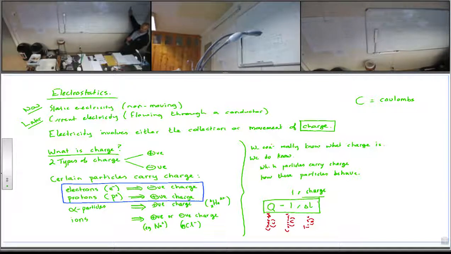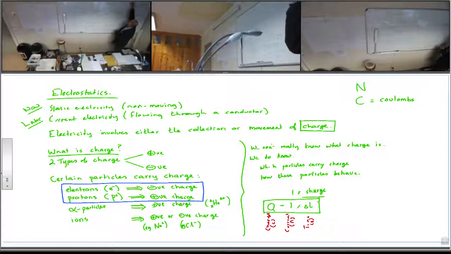Lowercase c. Where does the word coulombs come from? It's the surname of the person who discovered all of this, Charles de Coulomb. He spelt his surname with a capital C, but when we use it as the unit and you write it out, you spell it with a lowercase c. As a matter of interest, what does N stand for in science? Newton, named after Isaac Newton. How did he spell his surname?